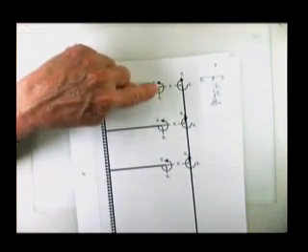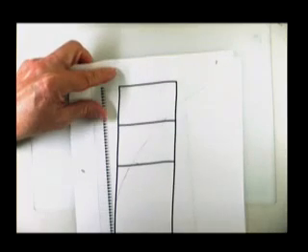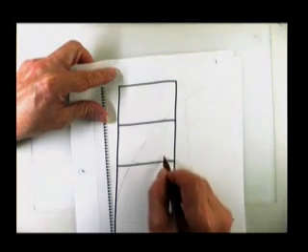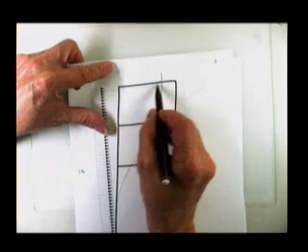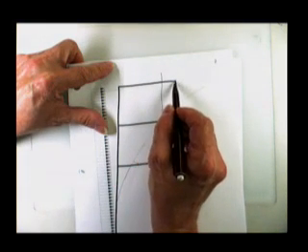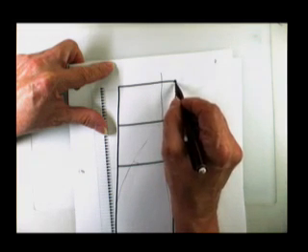This point will exactly match up with this point as shown in this diagram. This horizontal member will move to the right to here, and this vertical member will move to the right the same amount.